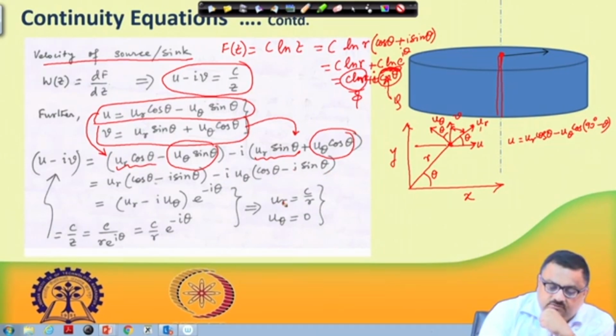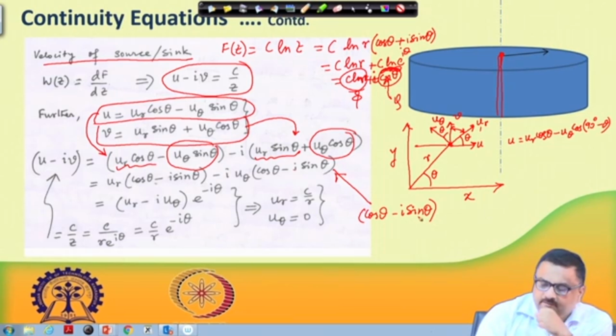So, now you can take this cos theta minus i sin theta common, and then you are getting u_r minus i u_theta.